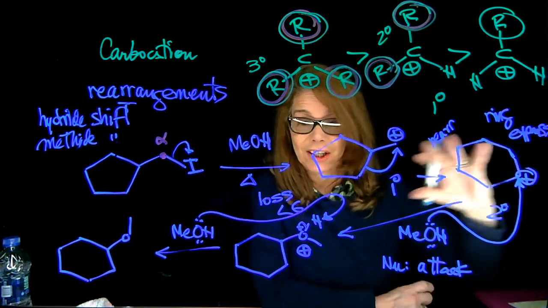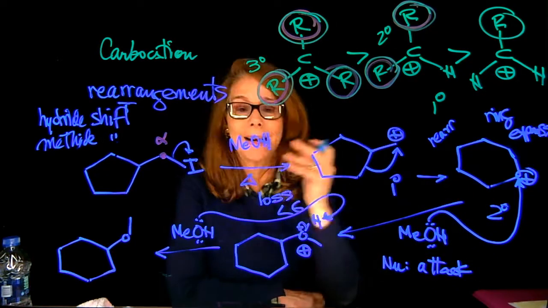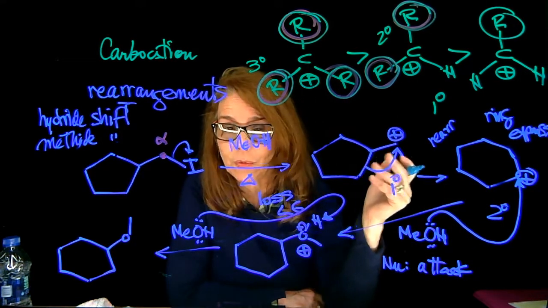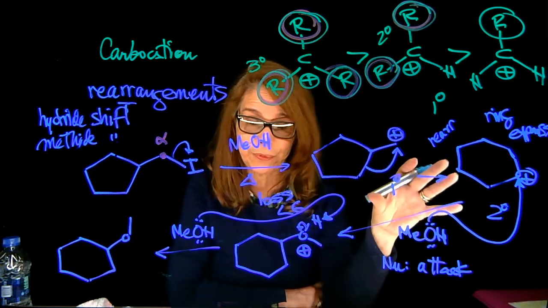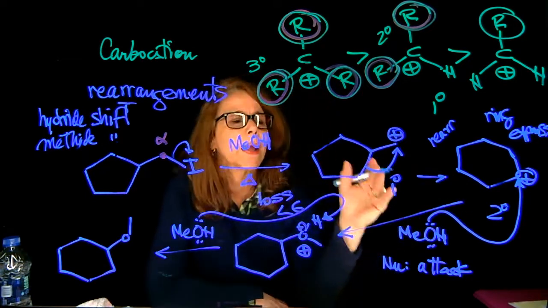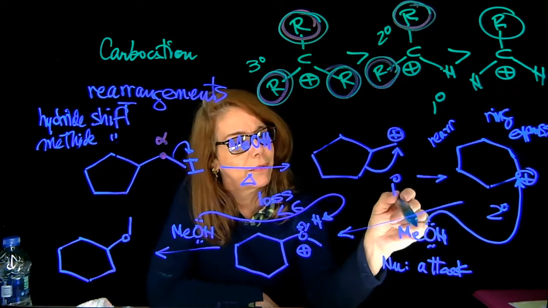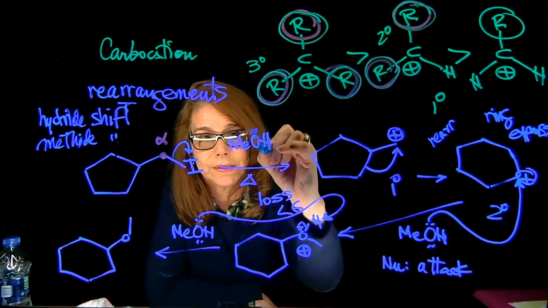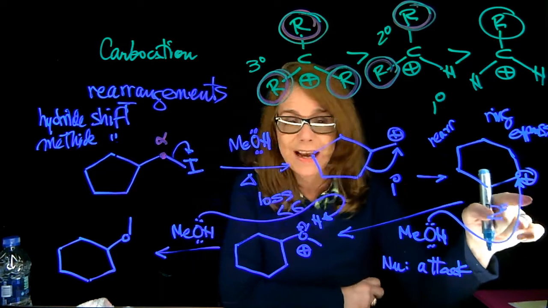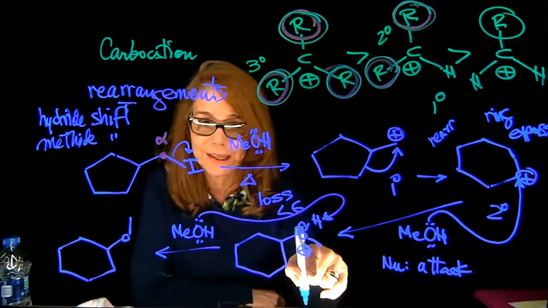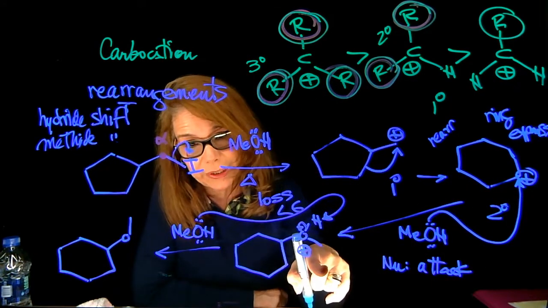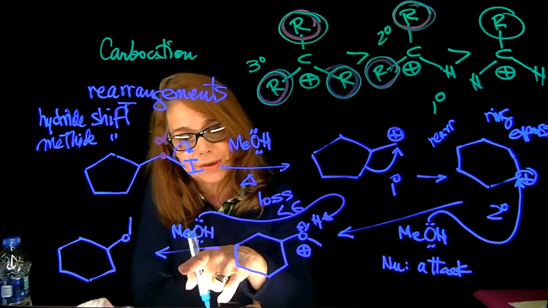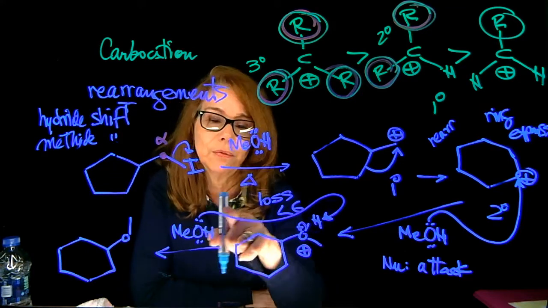So we created a larger ring, and we propose that because this is observed experimentally. And lastly, we have a nucleophilic attack, remember, solvolysis with methanol acting as nucleophile. You're creating this intermediate, which is still protonated, and now I need another step, proton transfer, in which methanol acts as a base.